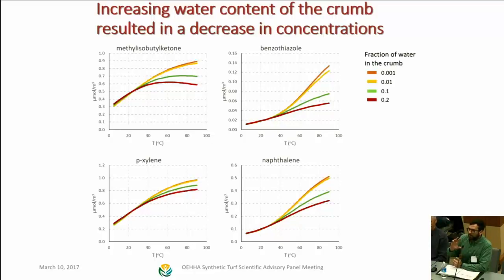So from these data, our next step would be to link a model that we created to describe the environmental fate of these chemicals in the soccer field to another model that describes how these chemicals are taken up by a human body, how a player can be exposed, and how long it will take for these chemicals to be absorbed and removed from a player's body.